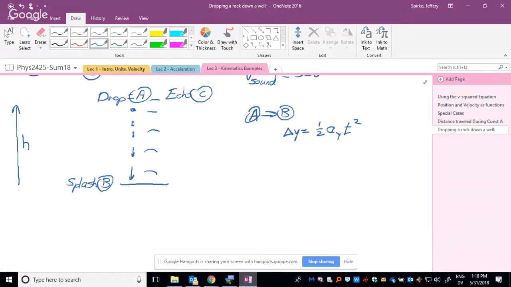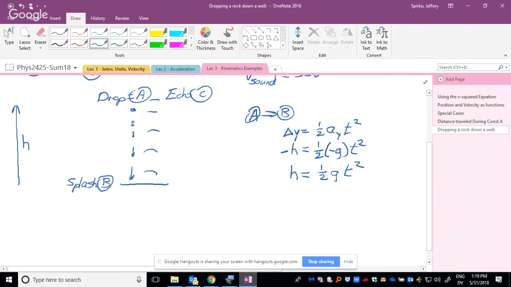And the reason is that the delta Y is minus the height of the initial position. And then this is 1/2 minus g t squared. Or h is 1/2 g t squared.